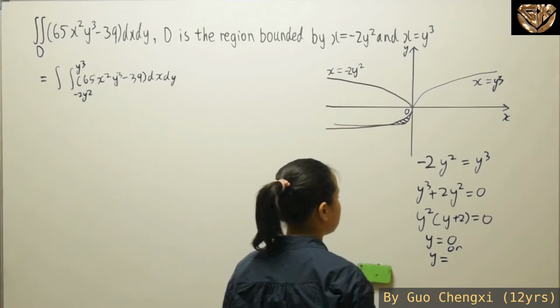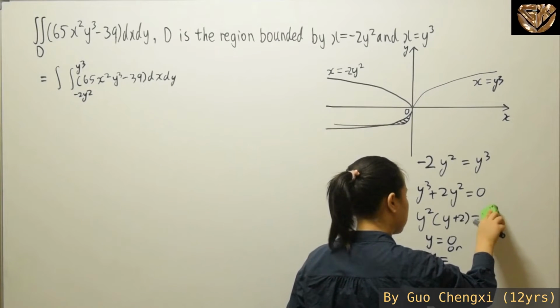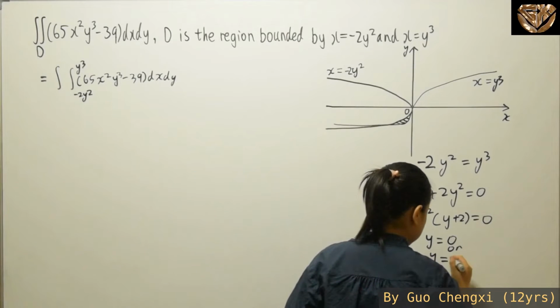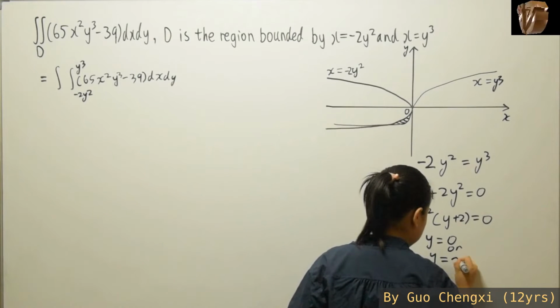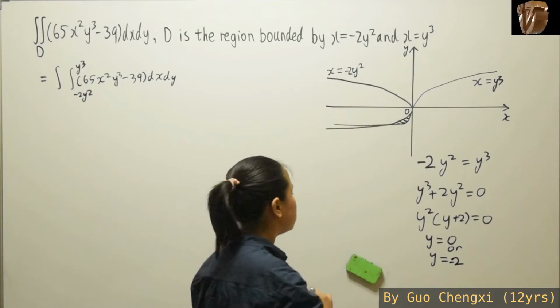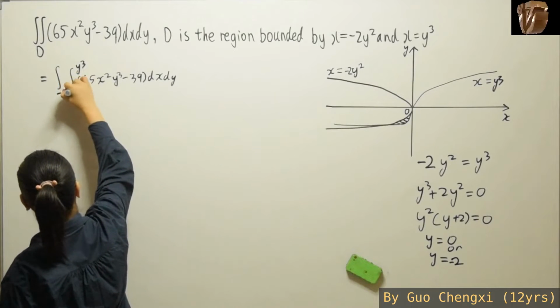So y can be equal to 0 or y can be equal to negative 2. So our boundary for y will be from negative 2 to 0.